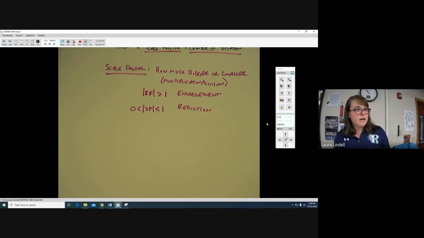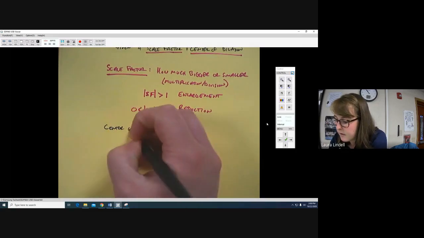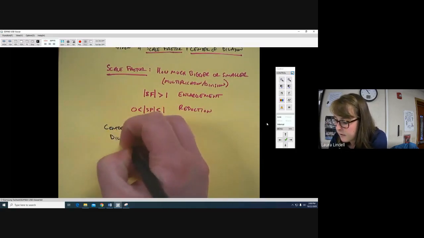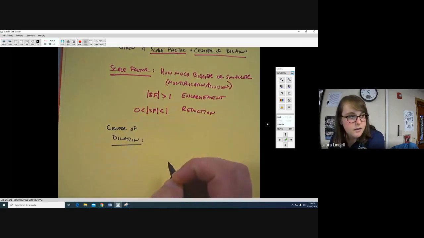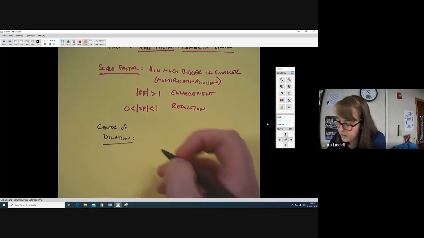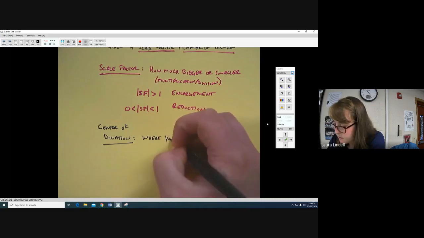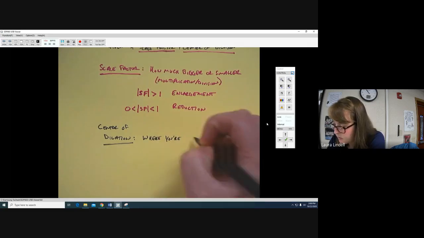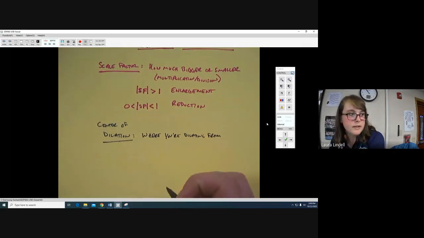The other thing we talked about is the center of dilation. The center of dilation is where you're dilating from. So it's kind of your starting point.